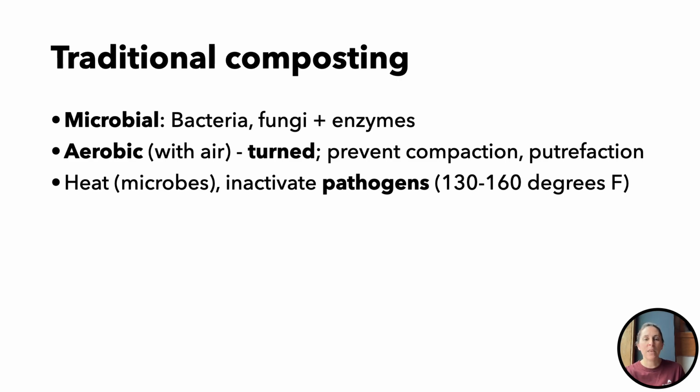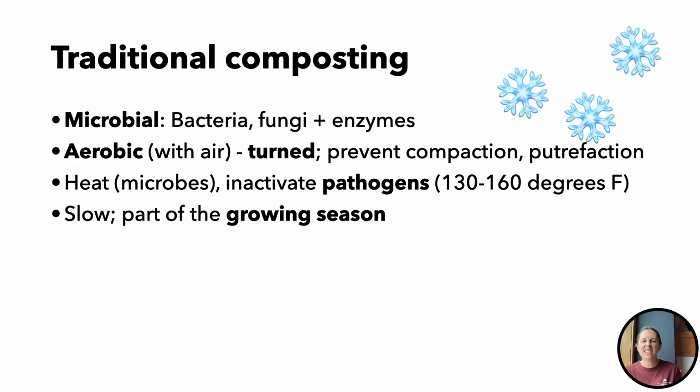And even in residential settings, what we shoot for is 130 to 160 degrees Fahrenheit. So your compost pile should be steaming. One of the limitations, though, is that it is a slow process. And we in Minnesota can only do traditional composting during part of the growing season. And that's because it takes time to get a compost heap up and running well.